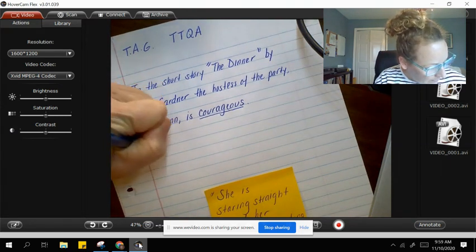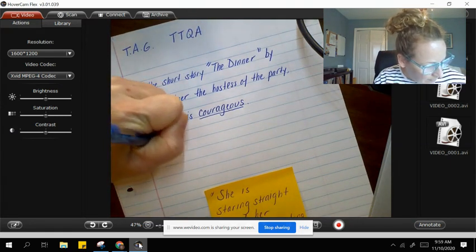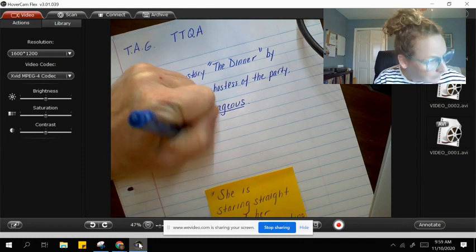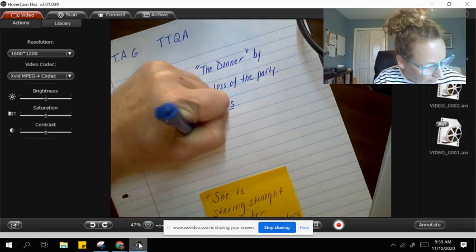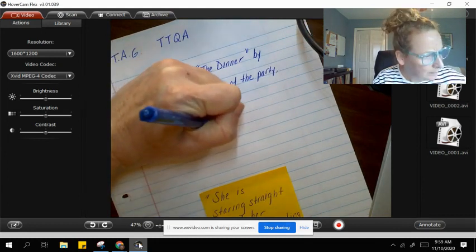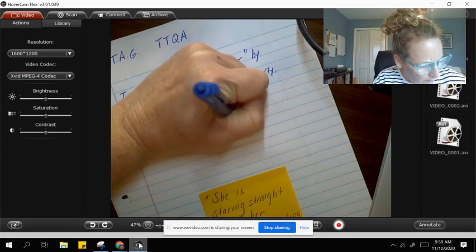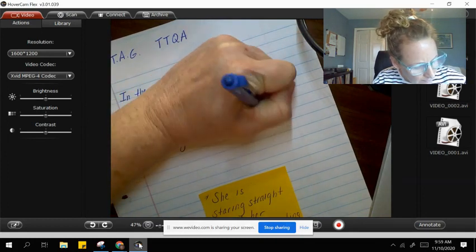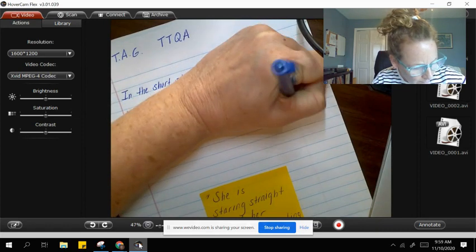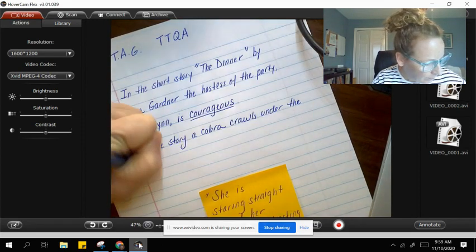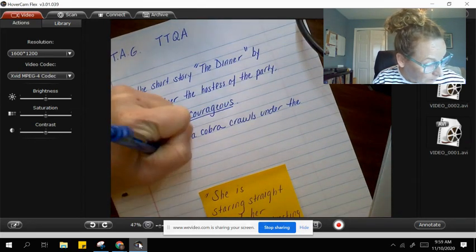So in the story, a cobra crawls under the table during dinner.